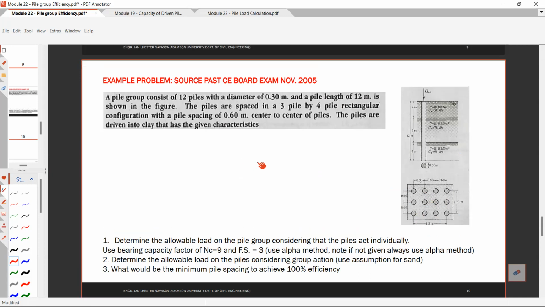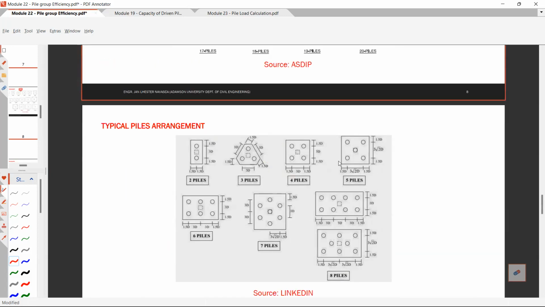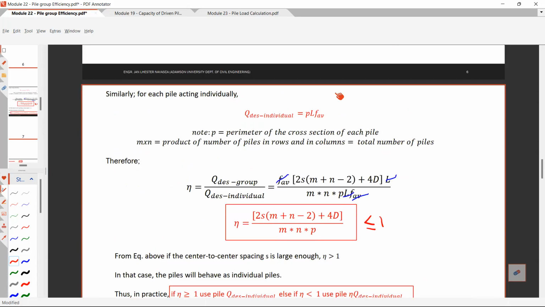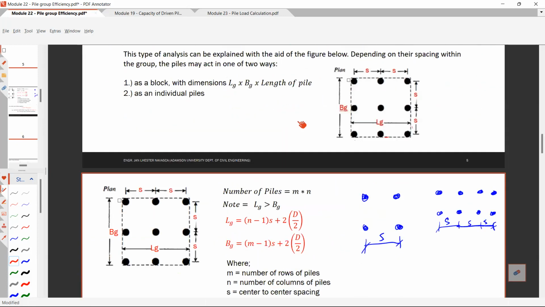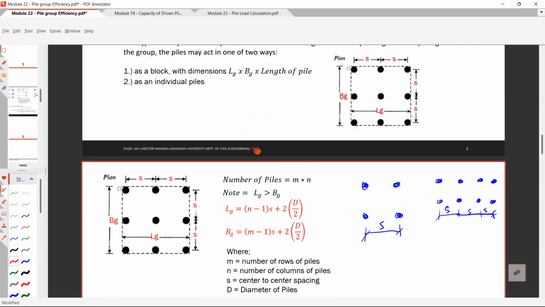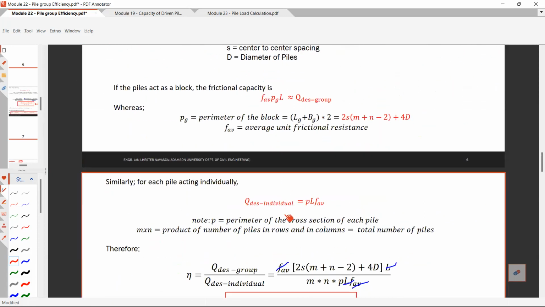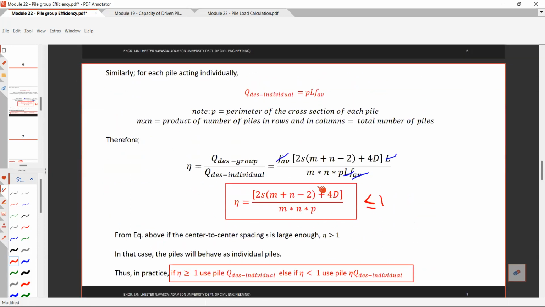Actually, the pile group efficiency, even though they say it is only for sand, is also used for clay layers since this is an approximate efficiency. So sometimes it is used for clay layers.